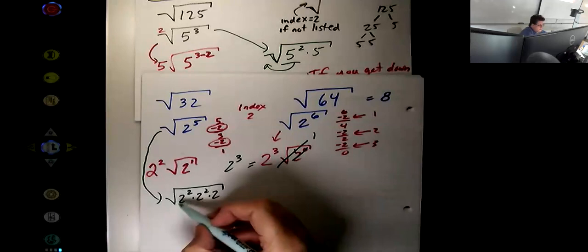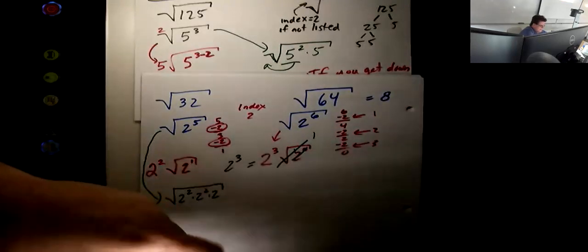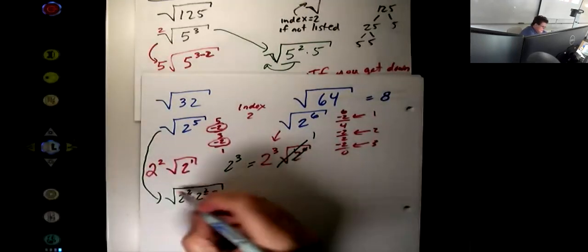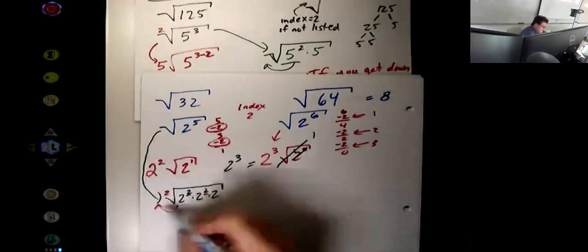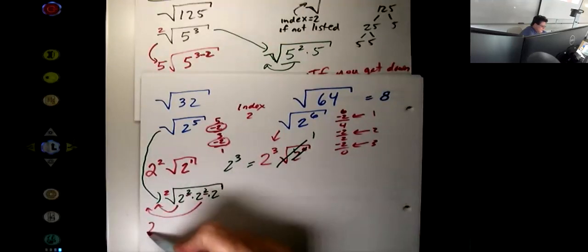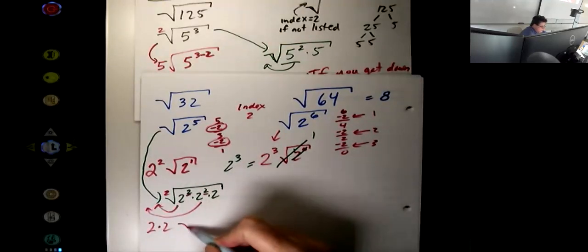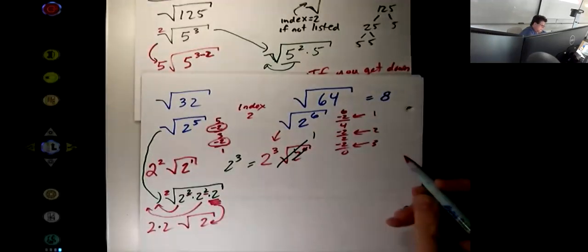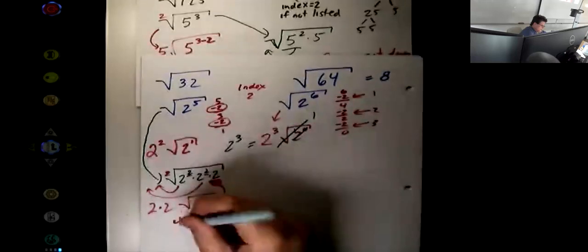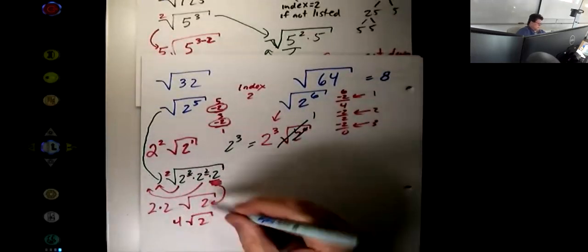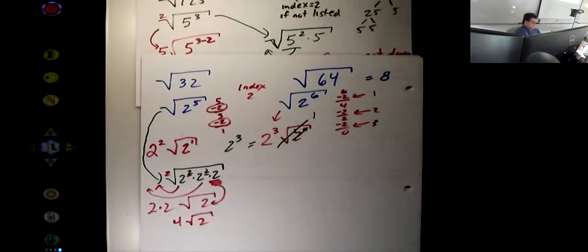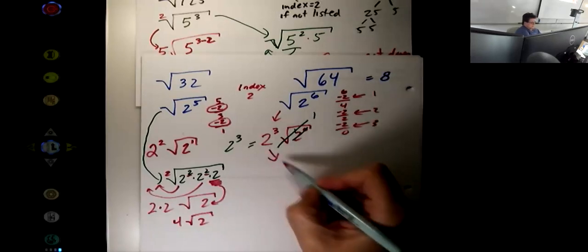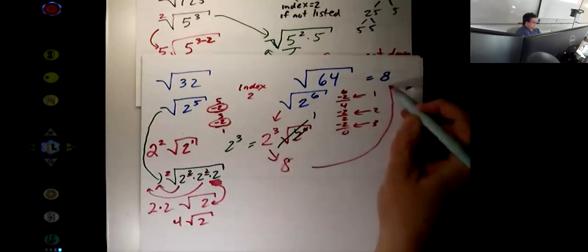Now this 2 matches the index, the 2 outside, so I can pull out a 2 for each of them, 2 times 2, and I'm left with just this 2 right here, which goes inside. That gets you 4 root 2, or 2 squared root 2. And 2 cubed is 8, which is what we knew from the square root of 64.